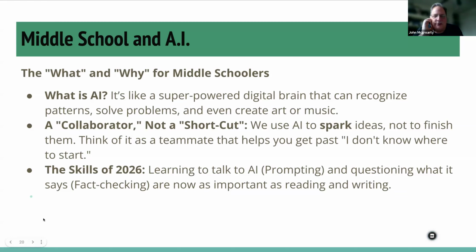This is what our kids and our grandkids, in some cases, in my case, are learning about, even in early elementary, like Heather said. And so we're preparing that next generation for the future, and learning how to talk to AI and questioning about what it says. So fact checking, a skill that we hopefully teach in the elementary schools, is just as important now as reading and writing.